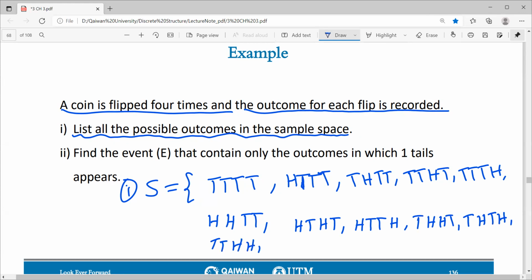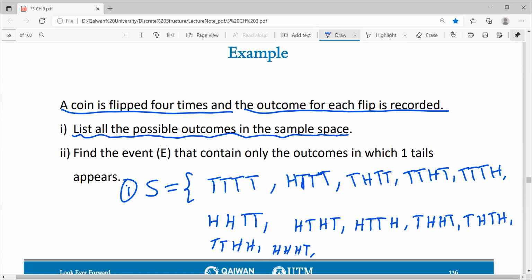And if 3 of them are head and 1 of them is tail, so you say head, head, head, and tail. Then the 4th one is tail. The 3rd one could be tail. The 2nd one could be tail, and the 1st one could be tail also. So we have these 3 more possibilities.